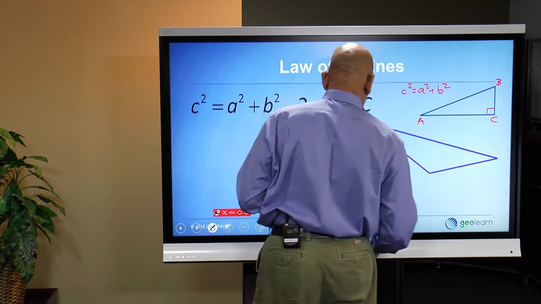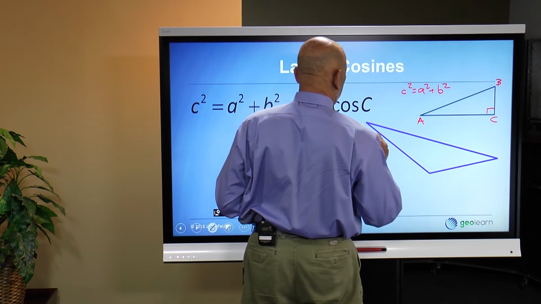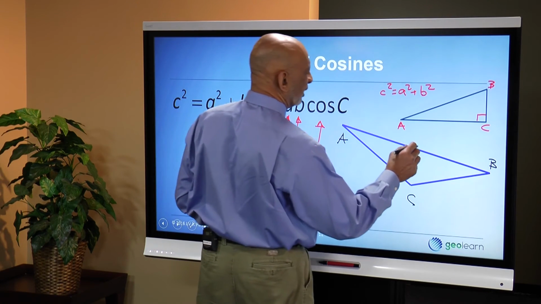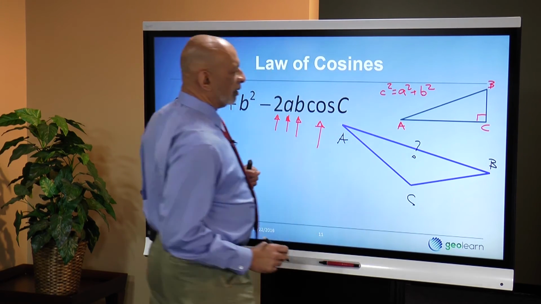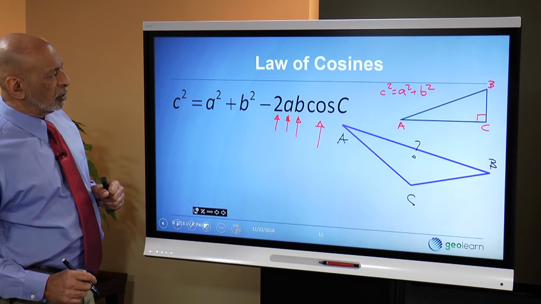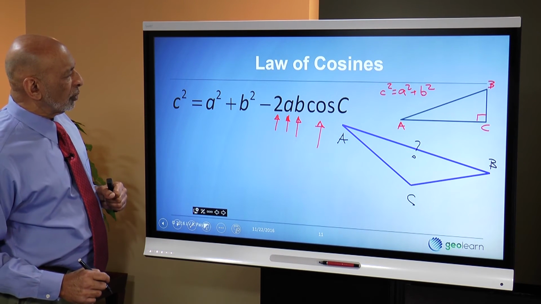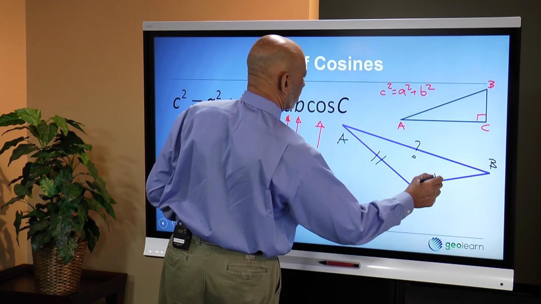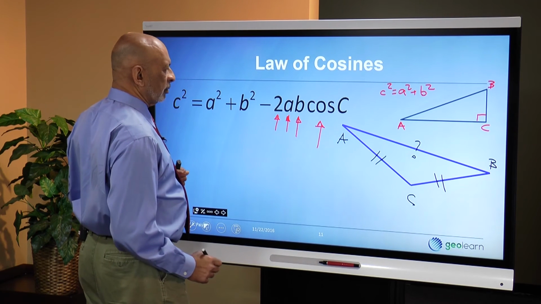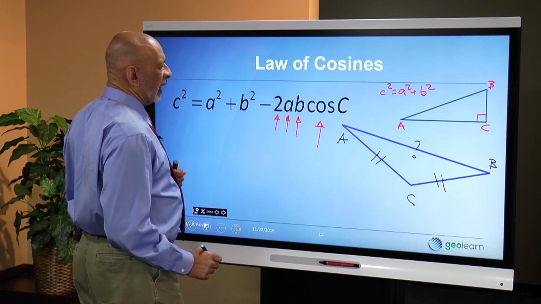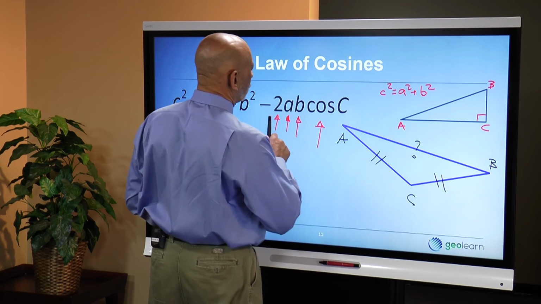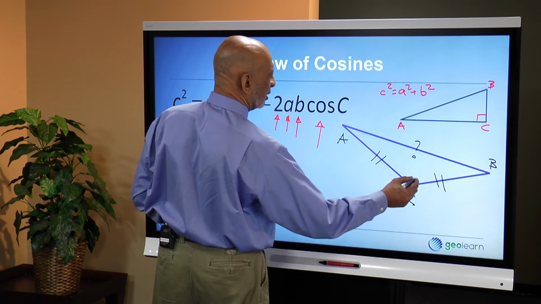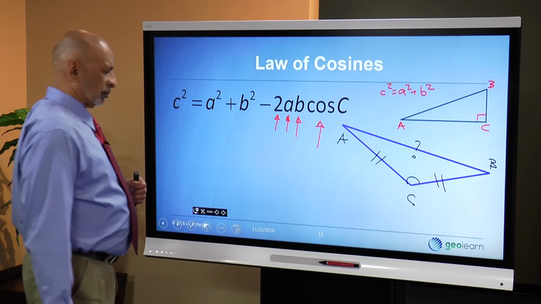Applying it here, let's say this is A, this is B, and this is C. You want to find the length of this line here, side C, which is also called AB. You'd use it the same way: take this side squared, which is known, this side squared, which is known, minus 2 times one side times the other side times the cosine of angle C, which is known.